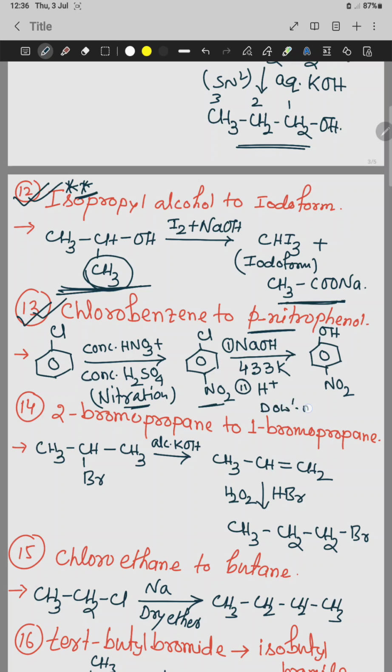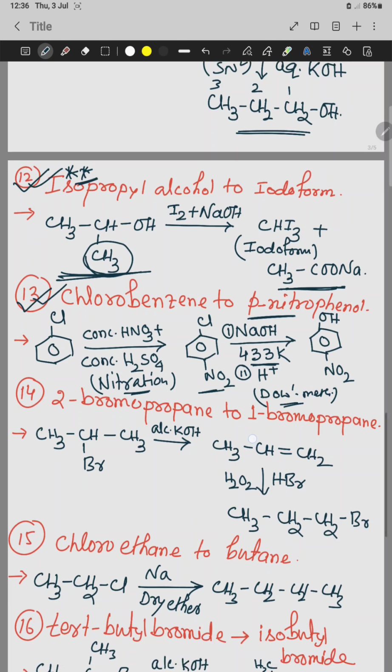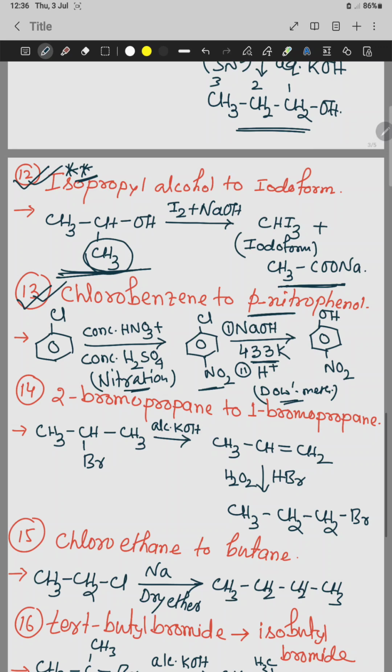Okay, Dow's method, and here the chlorine group is replaced by the OH group, as the NO2 group is there. That's why the condition is a little bit easier now. If the nitro group is not there, then we have to use 573 Kelvin and 300 atm of pressure. As the NO2 group is there, this reaction is a little bit easier, as NO2 is an electron withdrawing group. Okay, so we already studied this in the Haloalkanes and Haloarenes chapter.